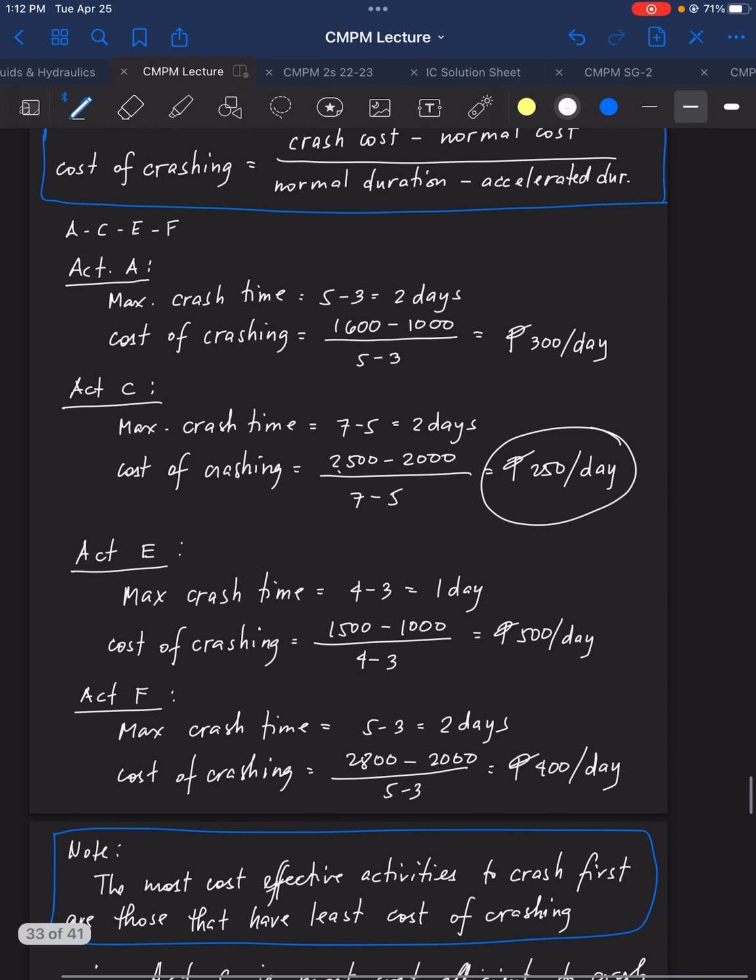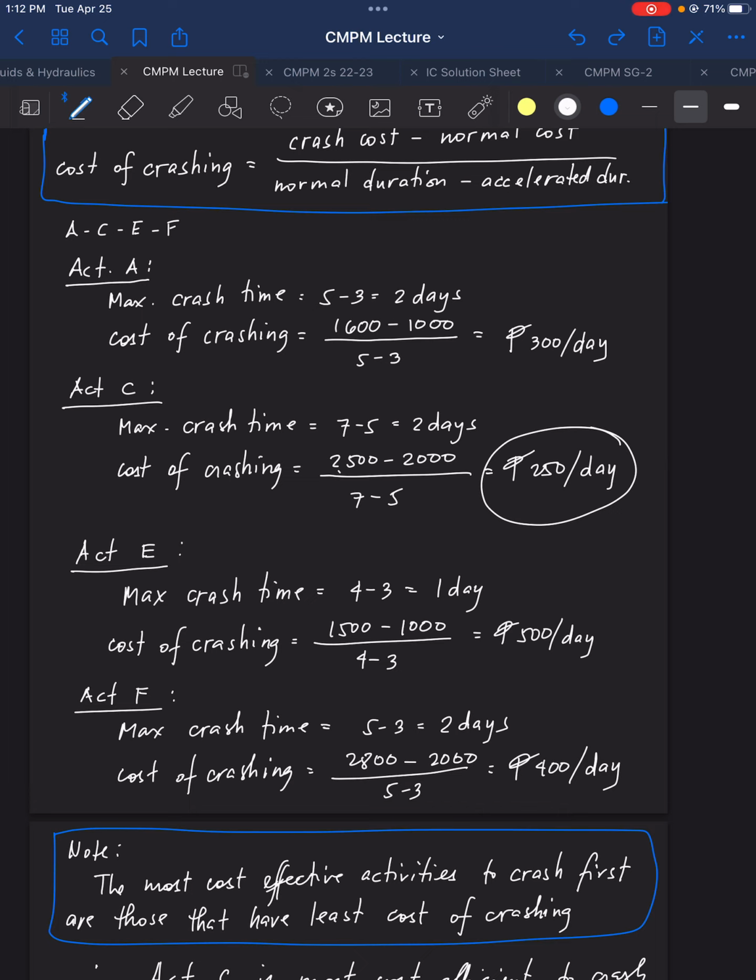So which between activity E and F will we crash? The cheaper one here will be activity F, 400 pesos per day. And here activity E, for 1 day, you will pay 500 pesos. Whereas the maximum crash time for activity F is 2 days.